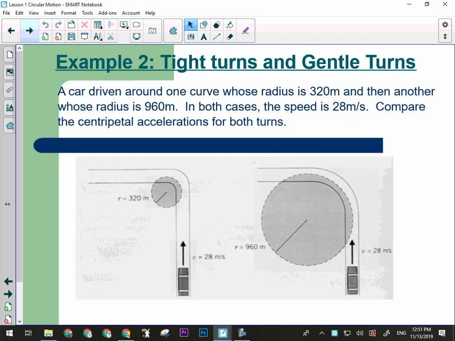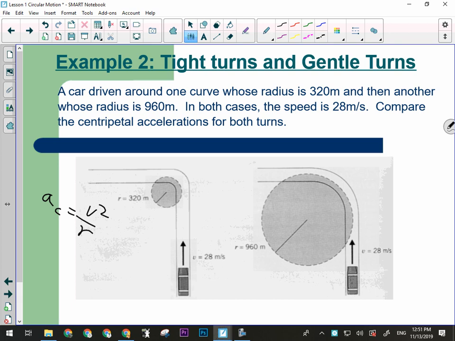Okay, so we're going to look at the effect of radius on centripetal acceleration. So yesterday we said the formula for centripetal acceleration is v squared divided by r. Right? And we said that the faster an object moves in a circle, the greater the acceleration will be, linearly or exponentially?